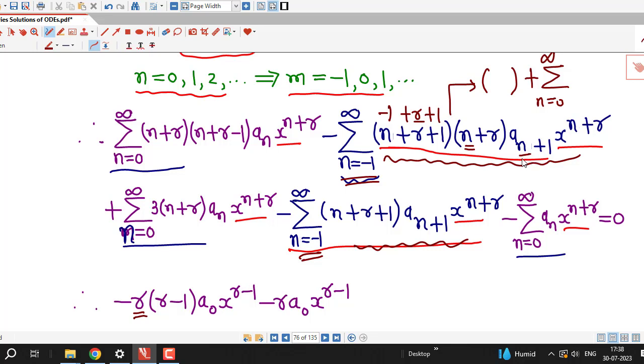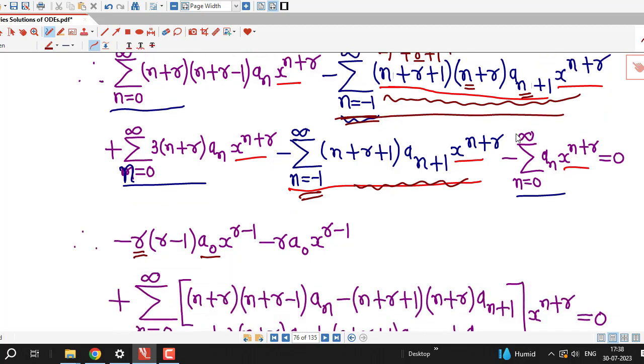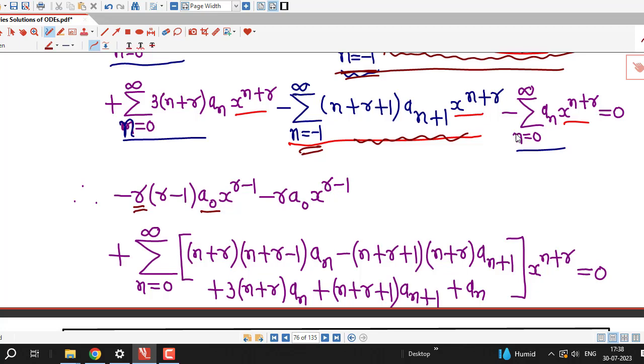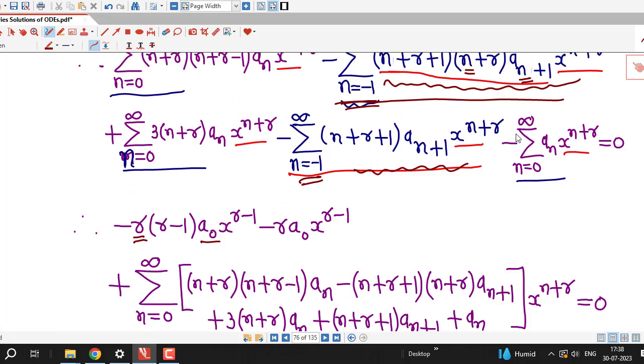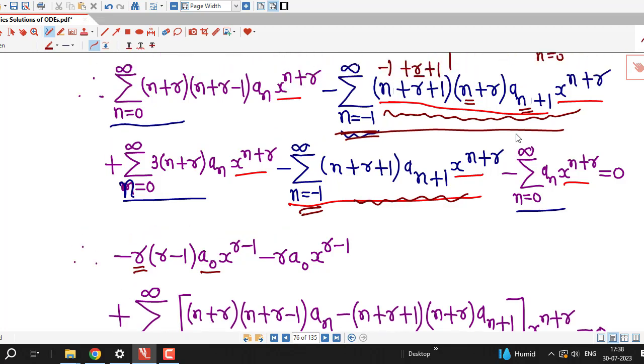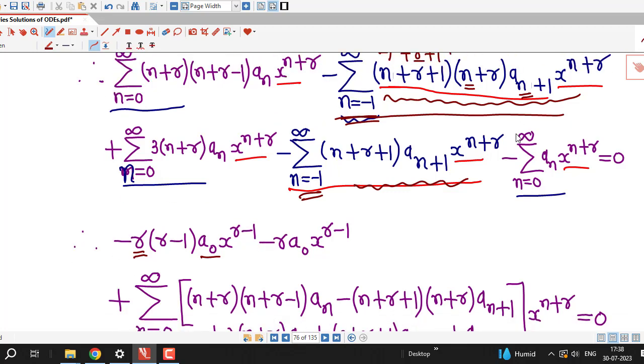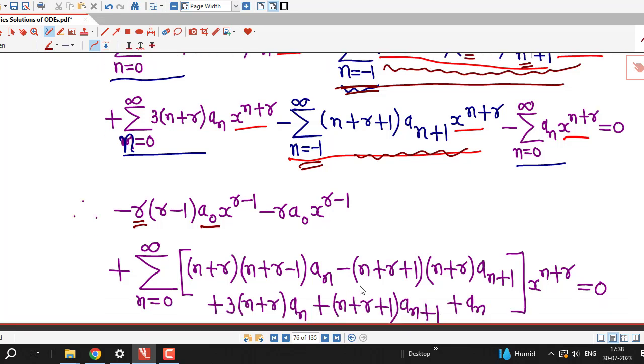For n equal to minus 1, I will have a suffix minus 1 plus 1, that is a0, and this is going to be x raised to r minus 1, and minus sigma n equal to 0 to infinity, this quantity. So that I have written here, minus n equal to 0 to infinity, n plus r plus 1, n plus r, a n plus 1. So that quantity I have written here, and minus sign.